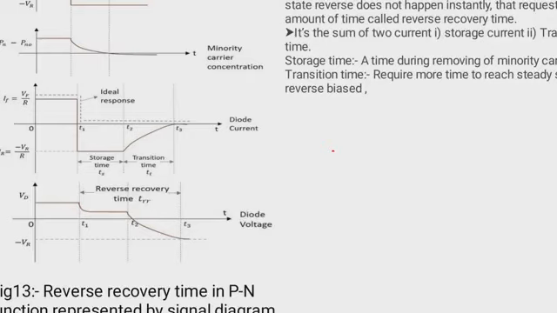That means this is the time required for removing the minority charge particles, and that is why it is called the storage time. This required time is calculated by minus VR by R.